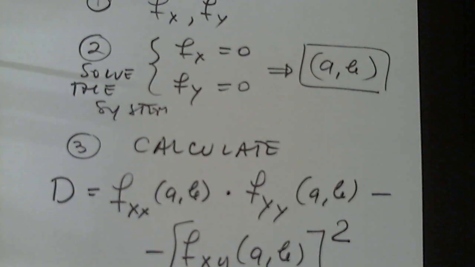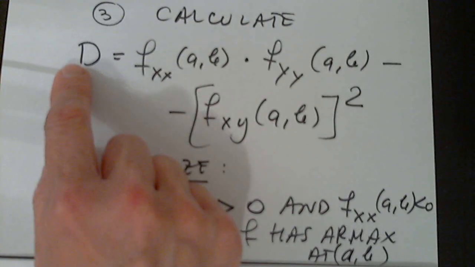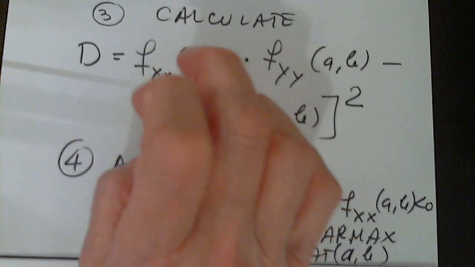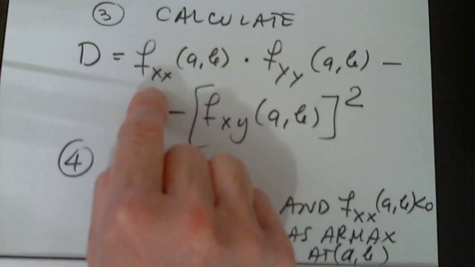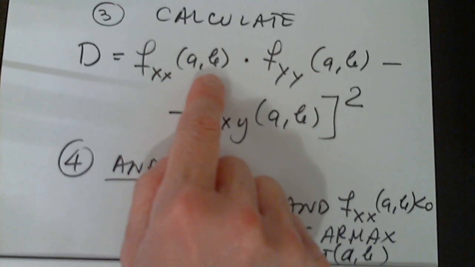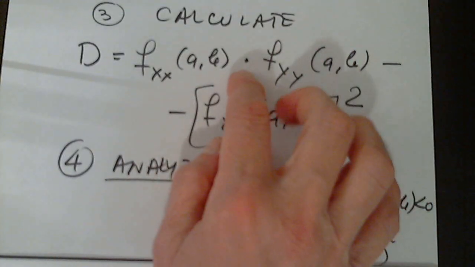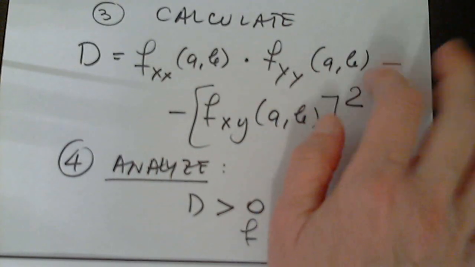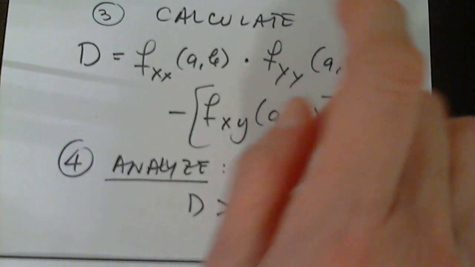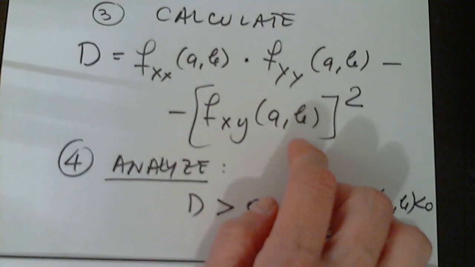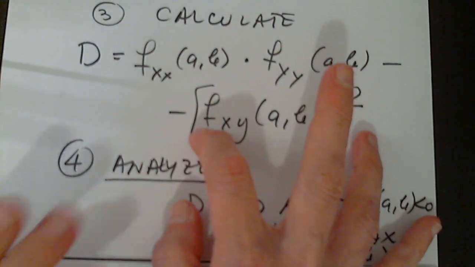Then I calculate. Once I have the point, I calculate the d number. I evaluate the second partial derivative at a, b, fxx at a, b, times fyy at a, b, minus fxy at a, b, but squared.